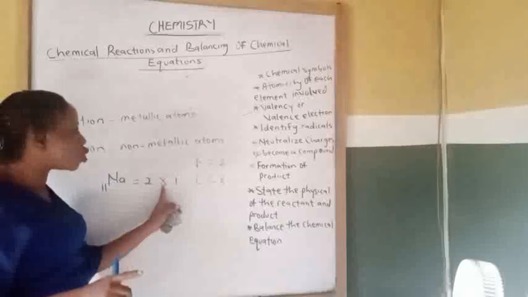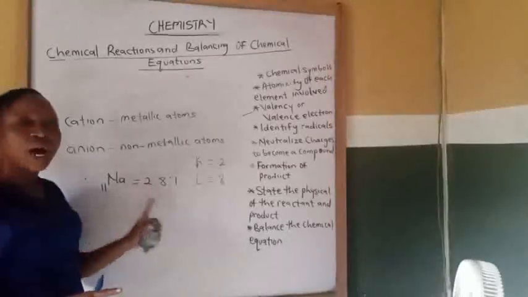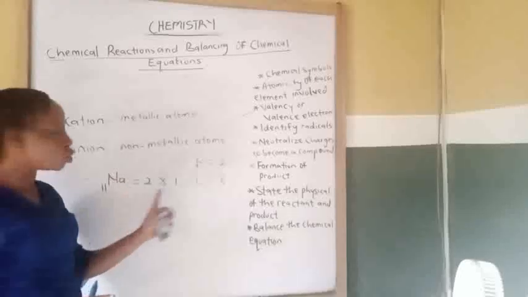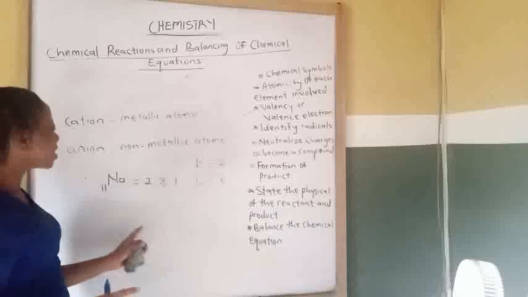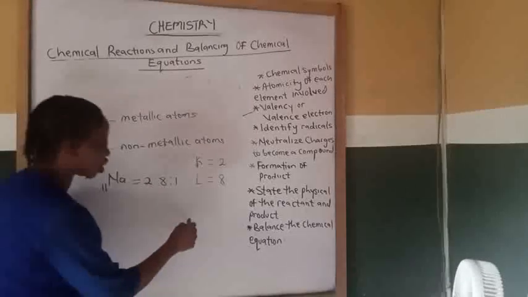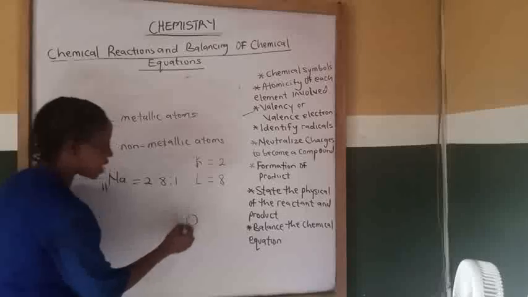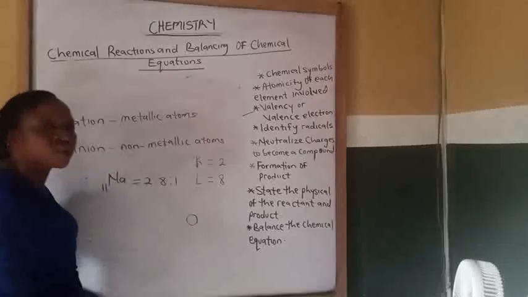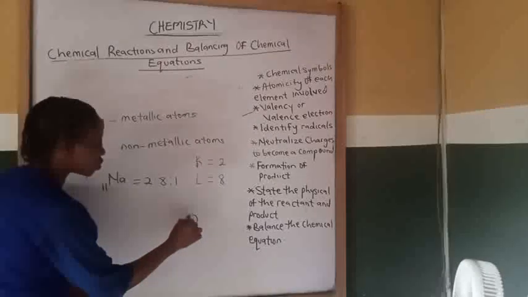So if you don't complete one, you don't move to the next shell. So it is only the first one that will carry 2 electrons. The remaining shells will carry 8 electrons. But instead of writing it this way, if I want to do it in form of shells, I'll draw a circle. This circle represents the electronic shell, the first shell with 2 electrons.